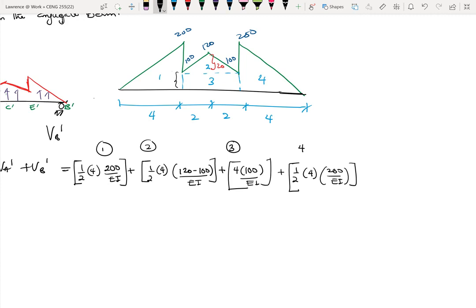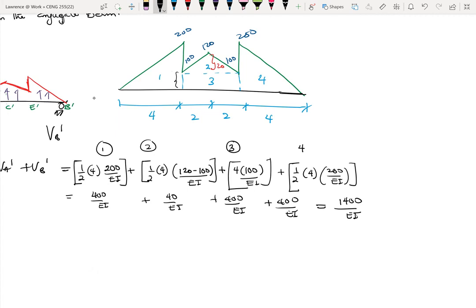So 400 over EI plus 40 over EI plus 400 over EI plus 400 over EI. And this will give us 1,400, I think. Over EI. Am I correct? Yes, I think I am, maybe.